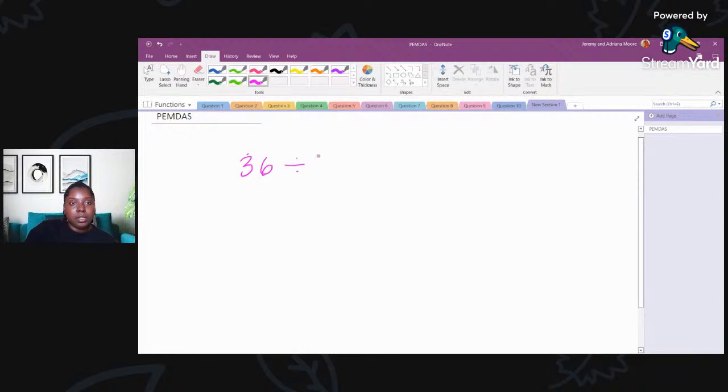36 divided by 6 times 8 minus 2 squared, all of that squared, minus 8. Everybody try this. I guess I should do this with you guys since I don't know what the answer is.